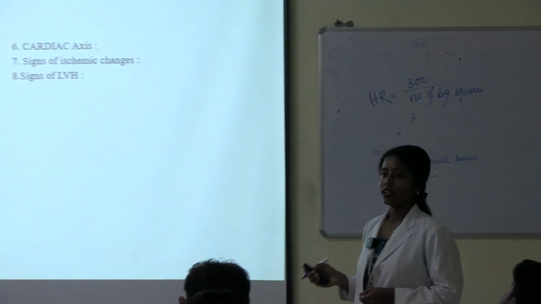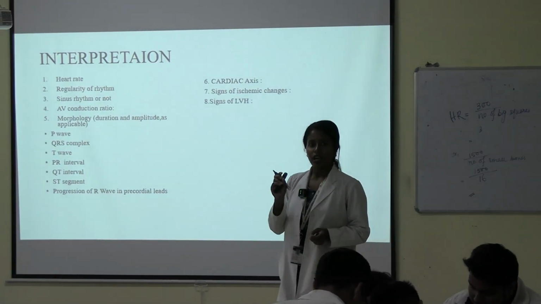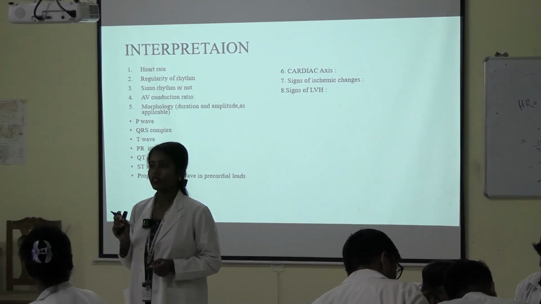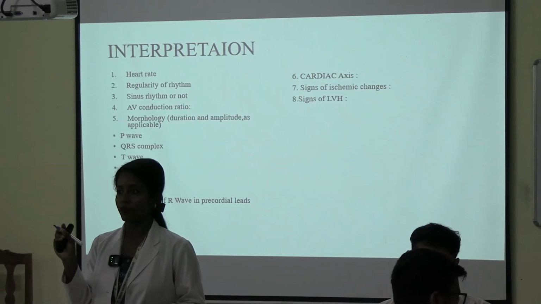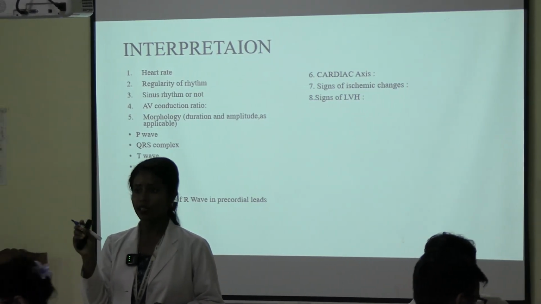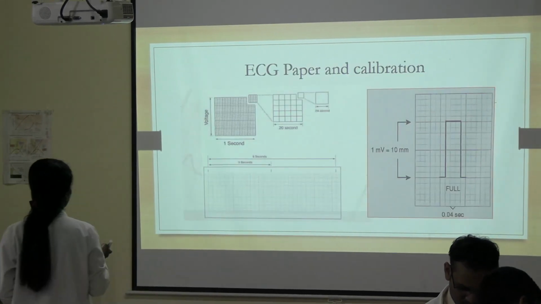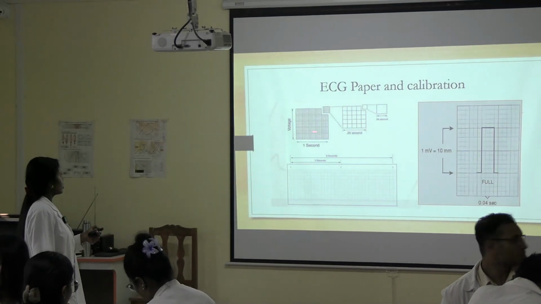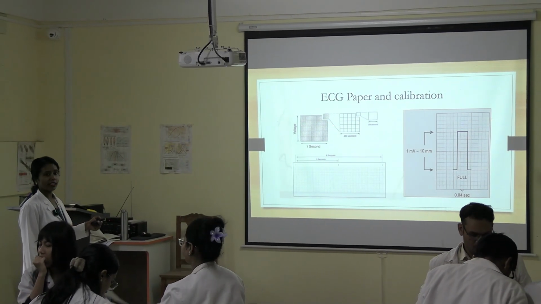so then the regularity. Are you aware which ones are the small boxes and which are the large boxes? The large boxes are divided into 5 by 5, surrounded by the dark lines, right? So your ECG paper looks like this, right?